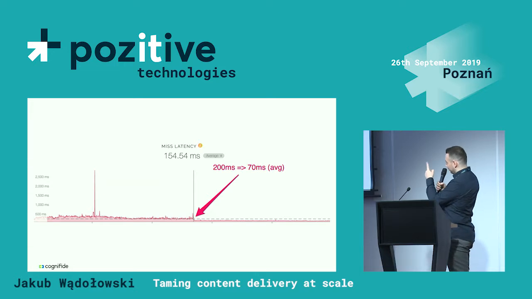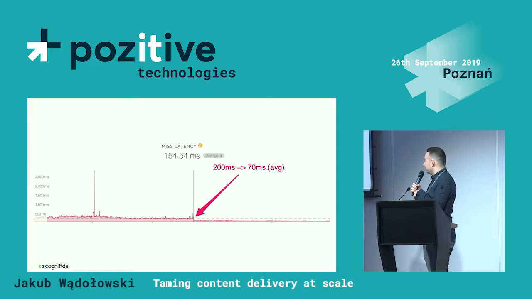And that vertical black bar is the moment we deployed that to production. So 200 milliseconds went down to 70 nearly instantly by having an additional hop along the way, which again may not sound like an obvious improvement, but that was a huge thing.